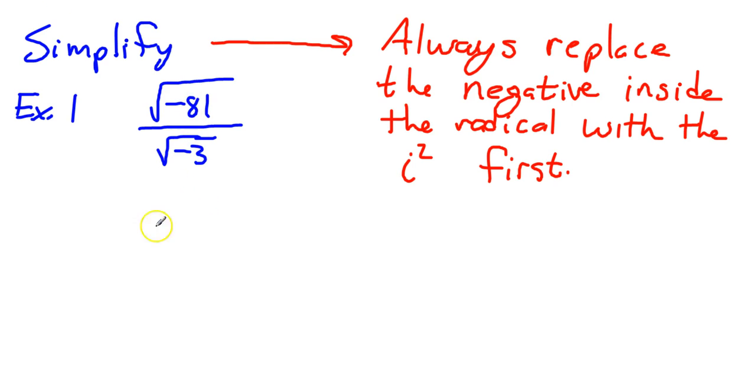So for these, this is basically the square root of 81, and because of the negative, you can go ahead and put the I behind it. Same thing with the 3 on the bottom. It's square root of 3, take the negative out, just put an I in the answer. Technically we're taking out the negative and replacing it with I squared.